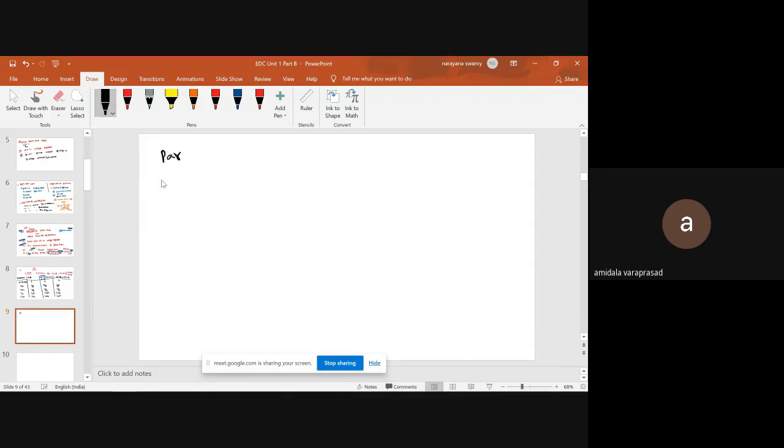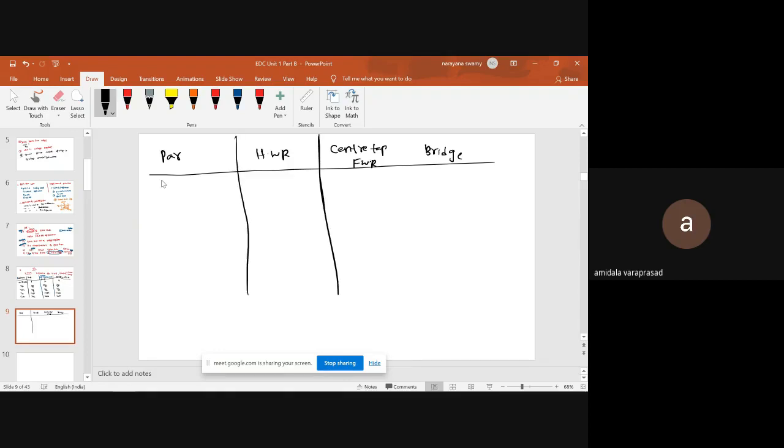Next parameter is efficiency. Half wave rectifier, center tap, full wave rectifier, bridge. Efficiency is 40.8% for half wave, 81.2% for center tap, and also 81.2% for bridge.